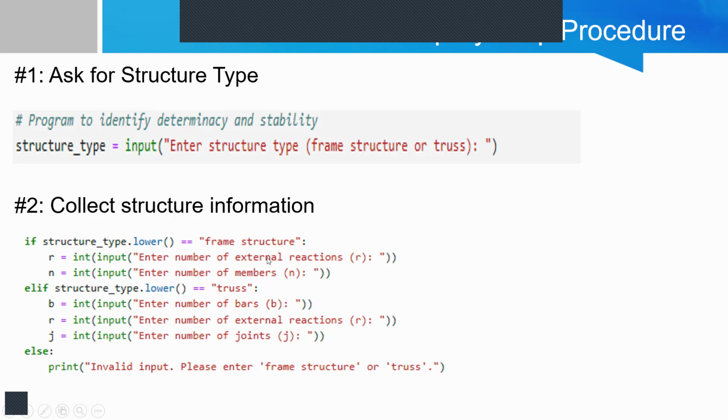After entering the number of external reactions, we enter the number of members. If the structure type is truss, we enter the number of bars, or the number of members of the truss, and after that we enter the number of external reactions. And lastly, we enter the number of joints.